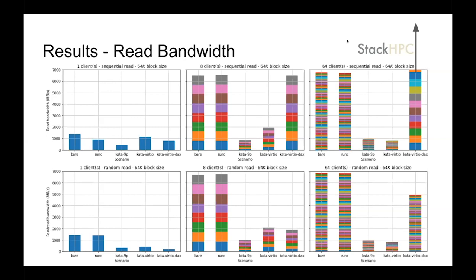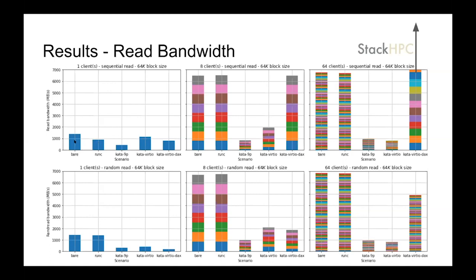So here, what we're looking at is the comparison of how much read bandwidth you get for bare metal versus runC versus Kata with 9pfs, Kata with virtio, and Kata with DAX. Basically, the question we wanted to answer was, what is the trade-off of using Kata containers versus the traditional runC?